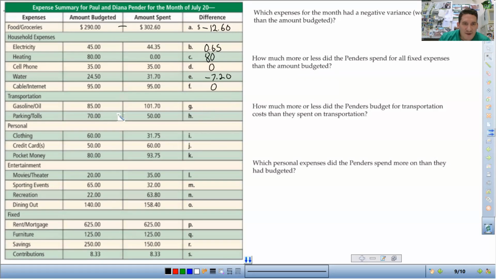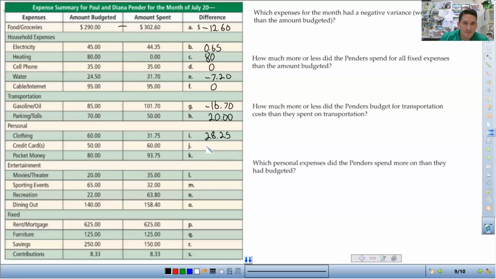Going down, 85 minus 105, that is a negative $16.70. 70 minus 50 is a positive 20. 60 minus 31.75, that is a positive 28.25.